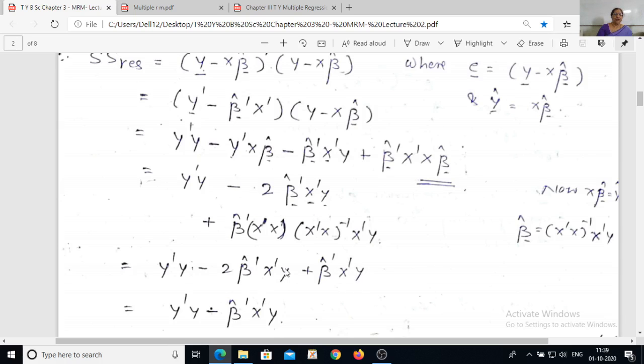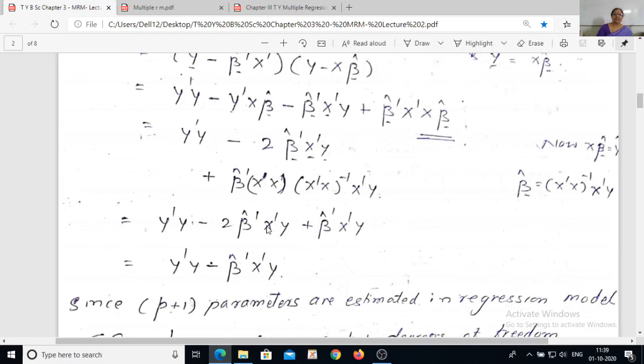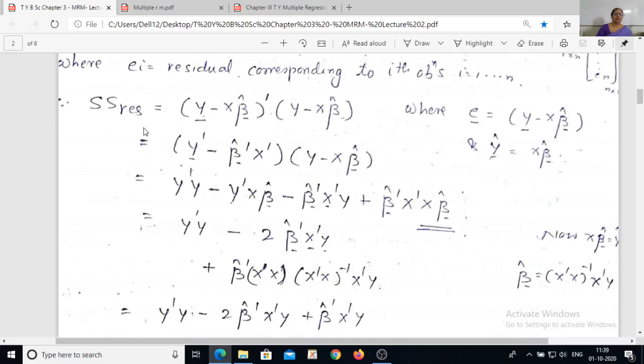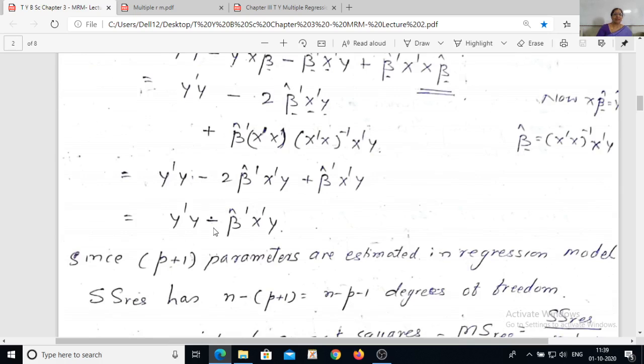So now these two things are the same and you can add them: there is 2 times this and 1 time this. Therefore the final answer is that residual sum of squares will be y prime y minus beta cap prime x prime y.